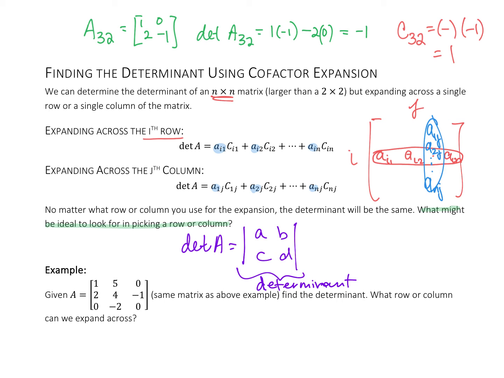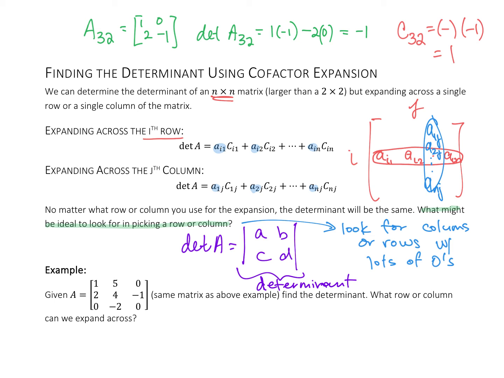So hopefully it makes sense that if we look for columns or rows with lots of zeros, that makes this a little bit easier. So we may want to pick a row or a column that's got as many zeros as possible so that we're multiplying by 0 and we don't have to find as many determinants of smaller matrices.